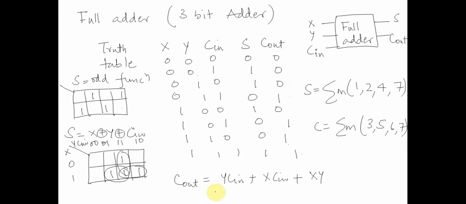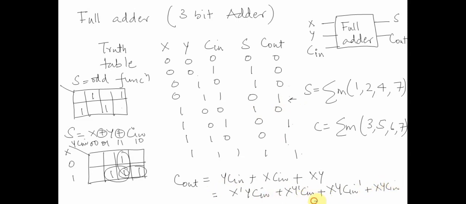The alternate expression is something like this if we expand the term: x bar y c in plus x y bar c in plus x y c in bar plus x y c in, right?